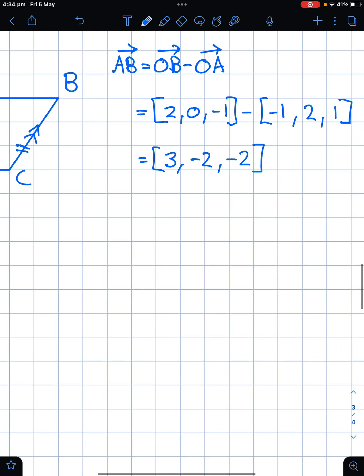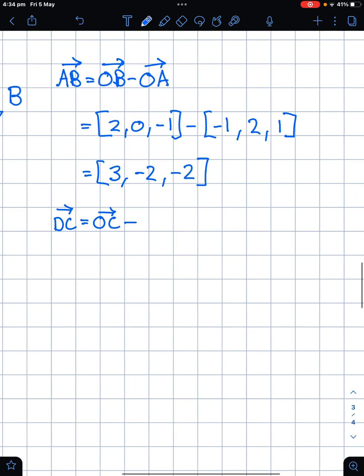Now we've got to work out C, so AB has to be equal to DC. Let's work out what DC is. D to C is going to equal OC, which we'll figure out in a minute, minus OD.